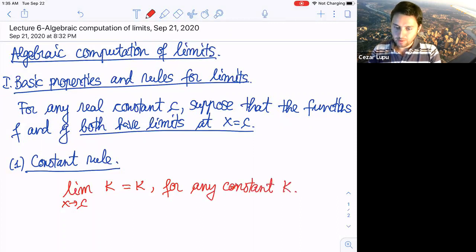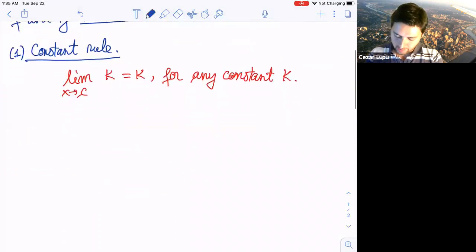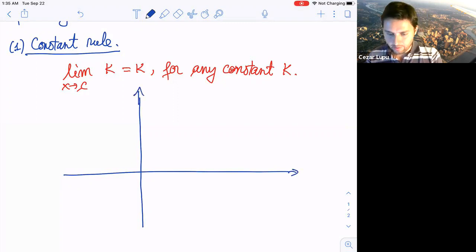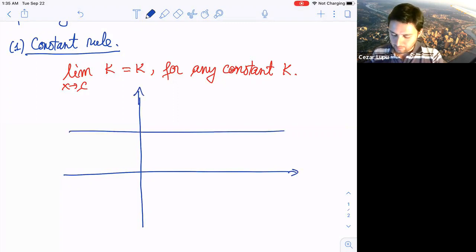Okay. And let's represent this graphically. I want you to see exactly how graphically this looks like. Let me just show it to you. So I will have here, let's say, this line k. So this would be f of x equals k.